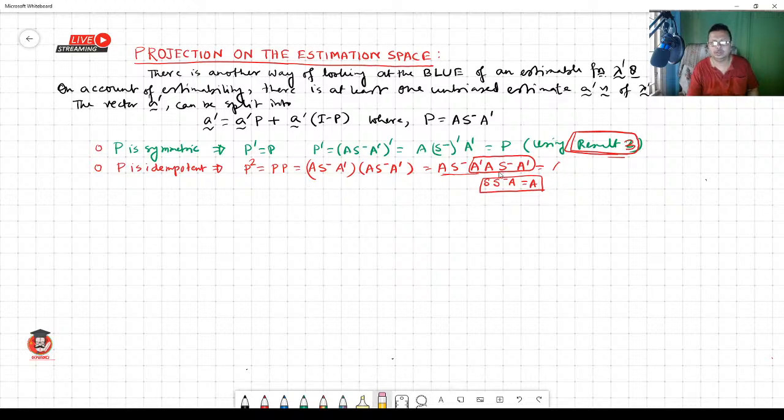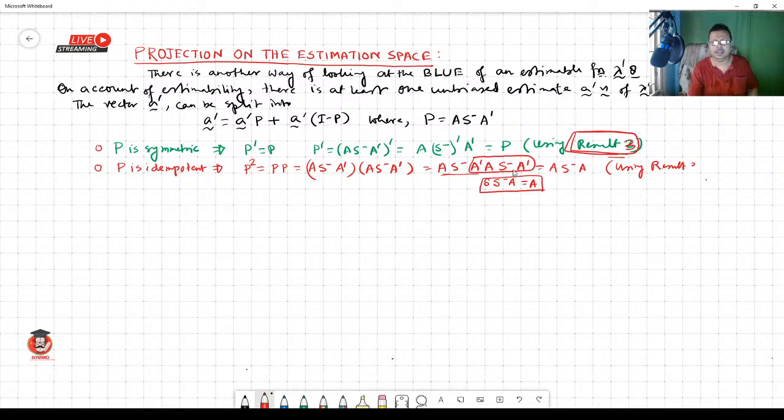So this is equal to A S prime A. No, please tell me this portion.